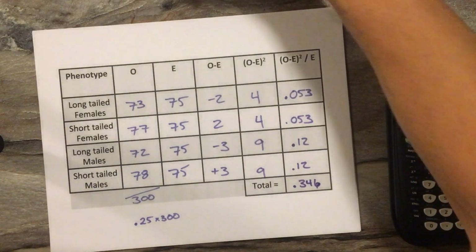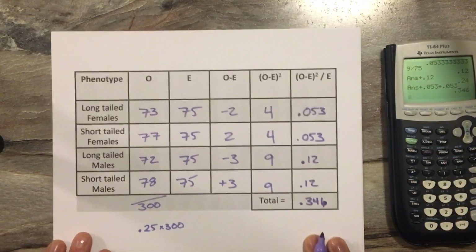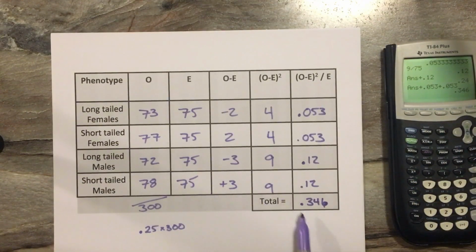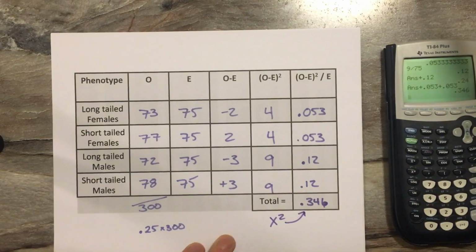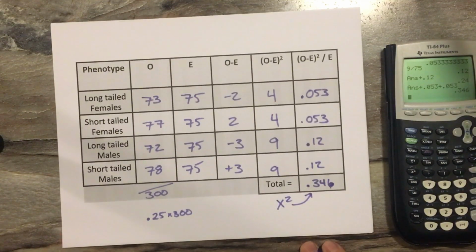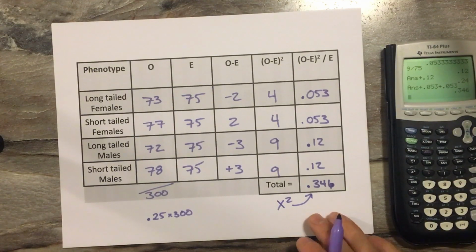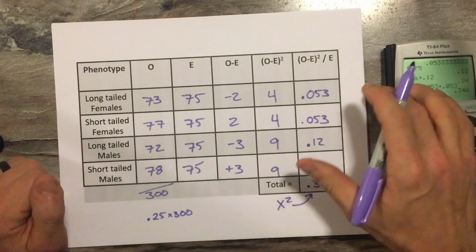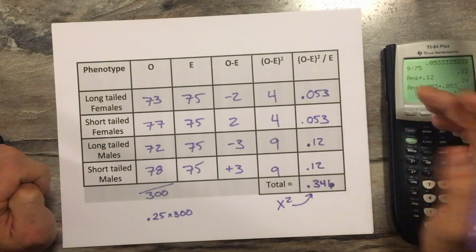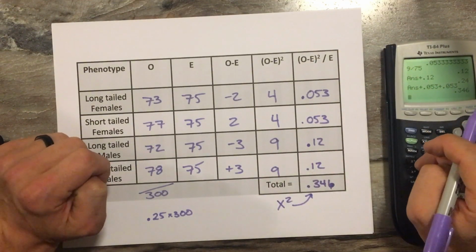So in the end, guys, we have all of our data here, and our x squared value at the end was our 0.346, okay? Now we're going to put this into our chi-squared value paper that I gave you guys. That's the t-test also, that's the other word for it.